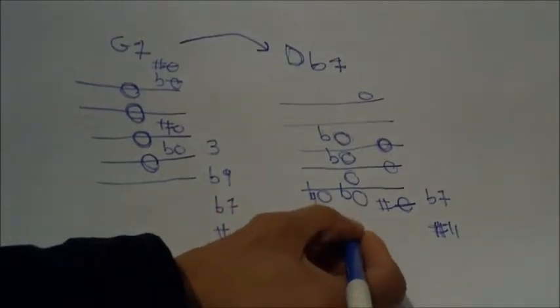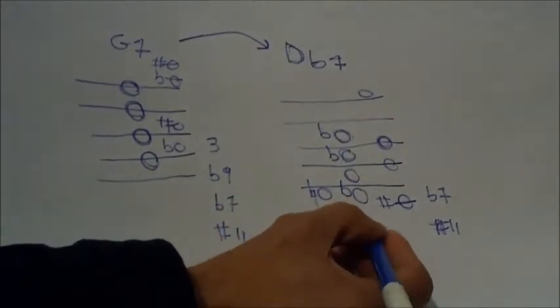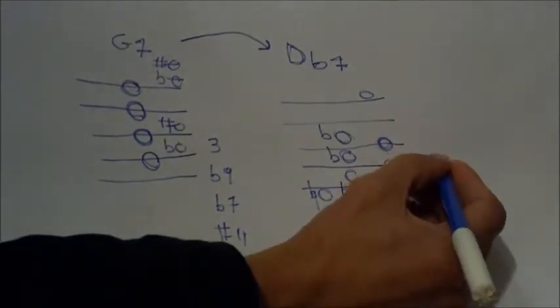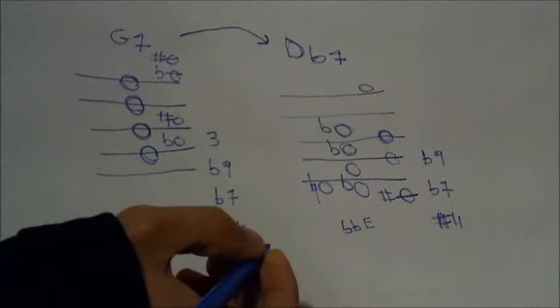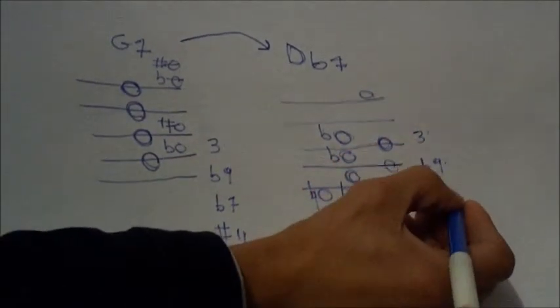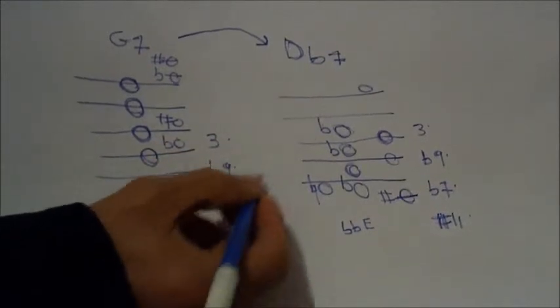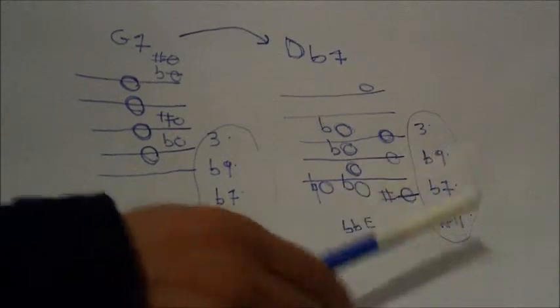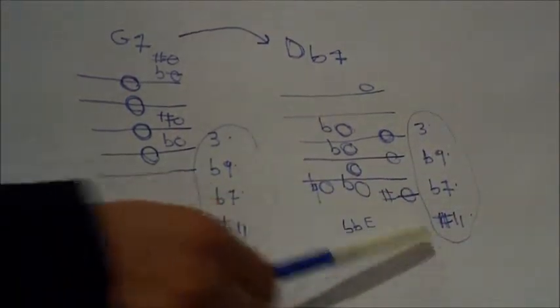That note is an E double flat. In this case, it is a flat 9. And then you have the F right there. It's the third of the chord. See? So the relations from one chord to the other are the same.